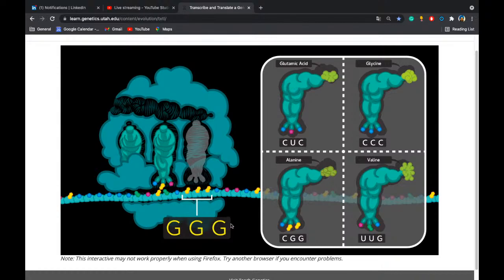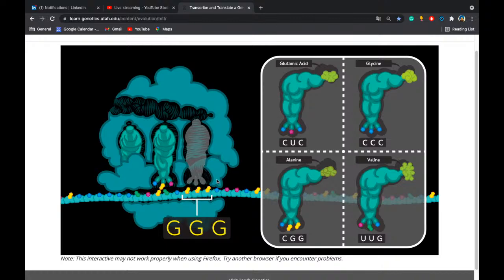So GGG, it will be UUG, CGG, CUC: glycine, glutamic acid, alanine, valine. Now what we are doing is, your messenger RNA comes out of your nucleus and is in the cytoplasm, and with the help of the small subunit and large subunit of your ribosome, and also with the help of tRNA, it starts to produce your amino acids with the anticodons here.